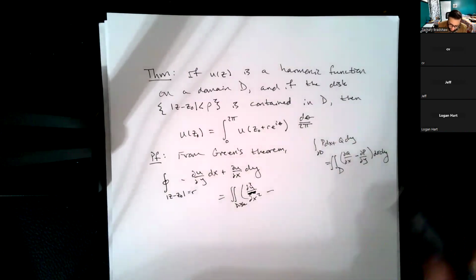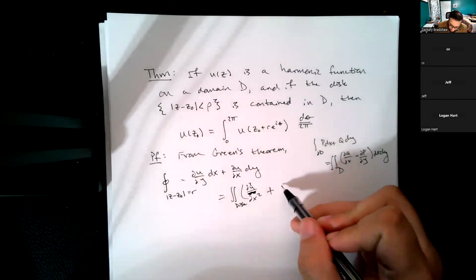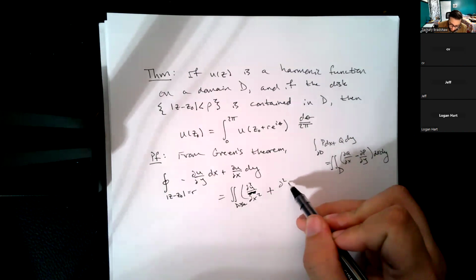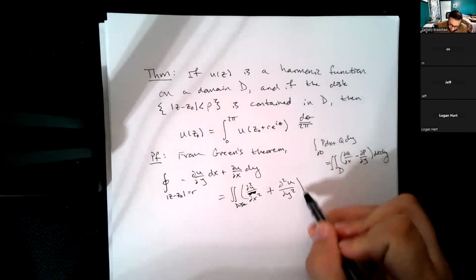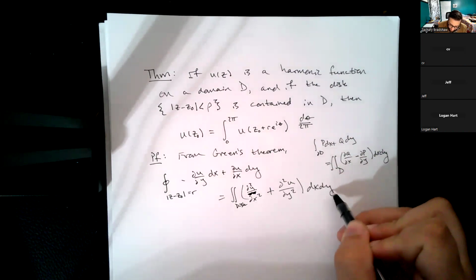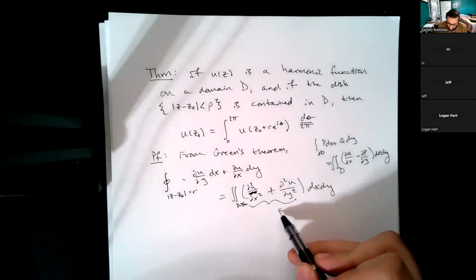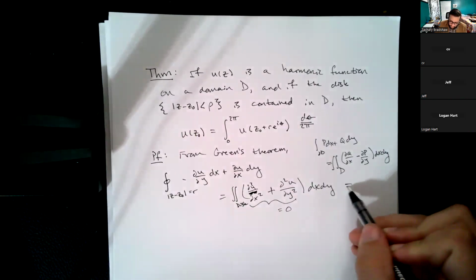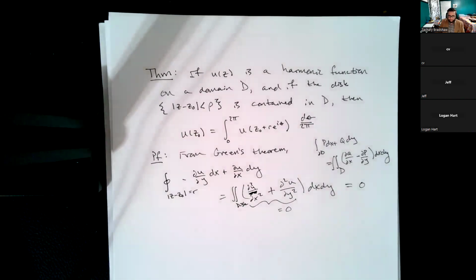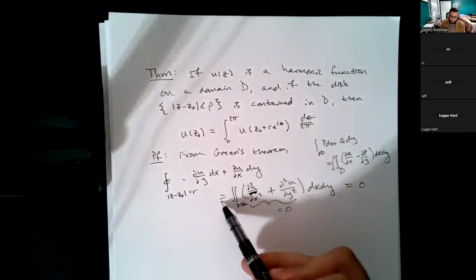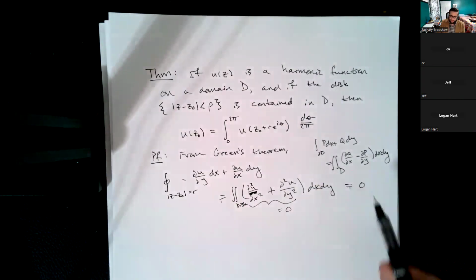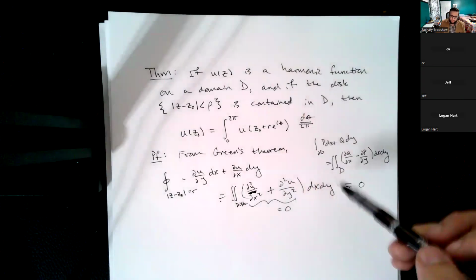P is minus du/dy, so we get another minus sign here: d2u/dx2 plus d2u/dy2, dx dy. But we're assuming that u is harmonic, and so this is 0. And so this whole thing is 0. So this equality is Green's theorem. This equality is the assumption that u is harmonic.